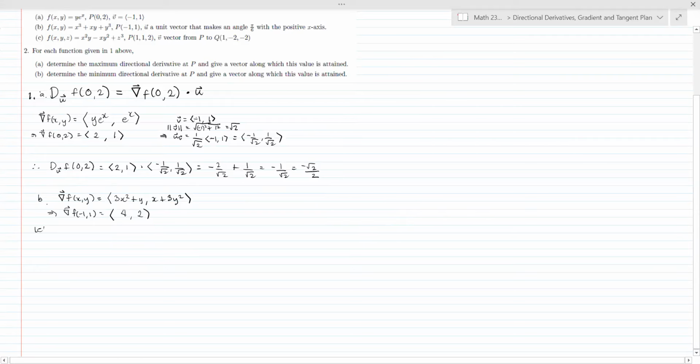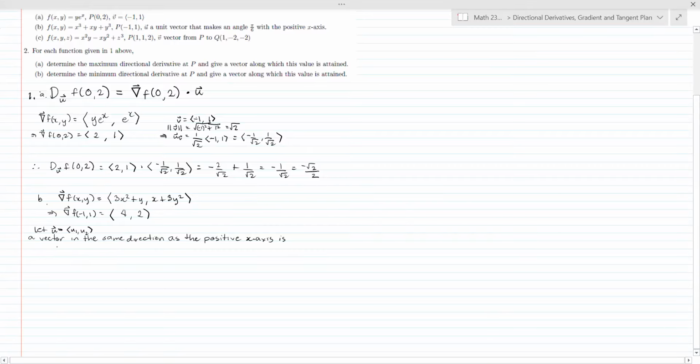We can choose i. Note that a vector in the same direction as the positive x-axis is the vector v equal to i, or 1, 0.